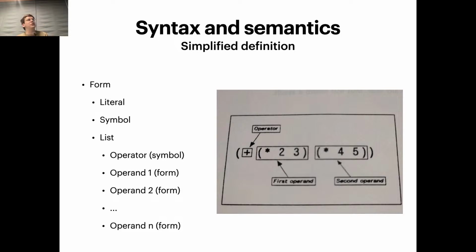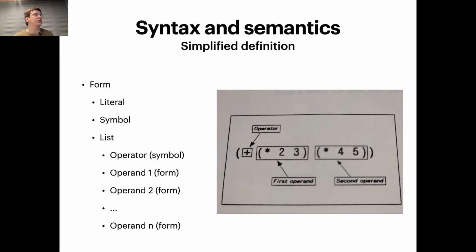A form can be a literal, like a number or a string. It can be a symbol, which is basically a name for something else, called an identifier in other languages, but we're going to go a bit deeper on that a bit later. And forms can also be lists, which are basically a bunch of other forms.